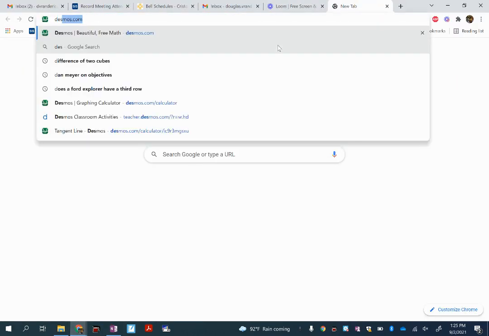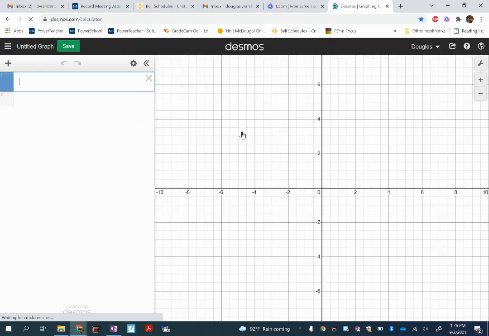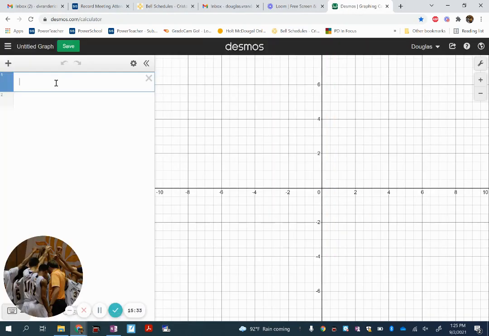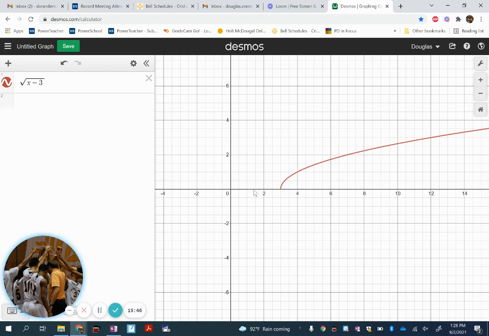So we have the square root of x minus 3. All right, so there it is. But if you try to approach it from the left of 3, you can't actually do that because it doesn't exist left of 3.